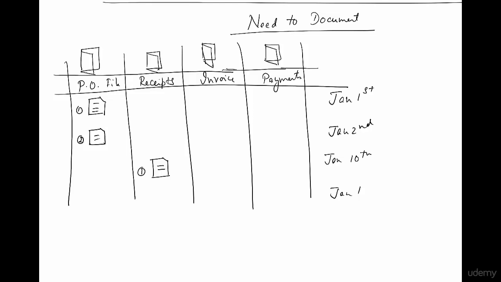Number one. And on Jan 10th or 12th, say, I get an invoice, file it here, the first invoice. On Jan 25th, I do a payment. I put it here.